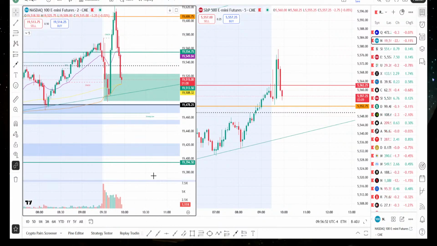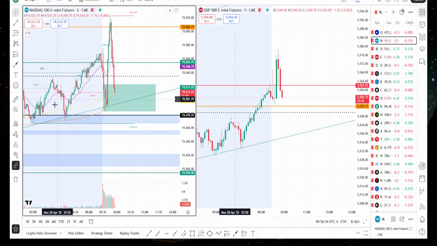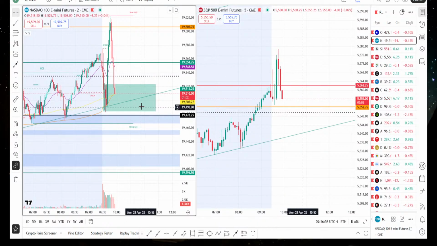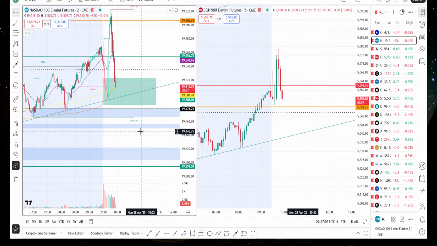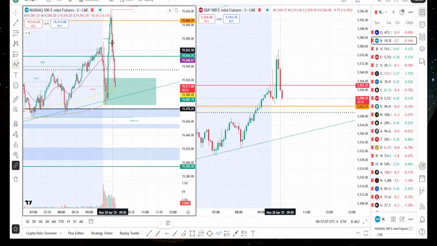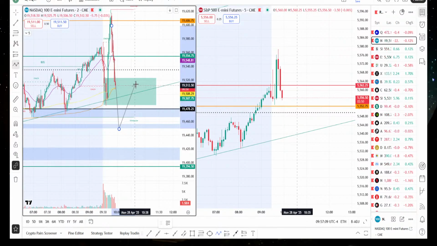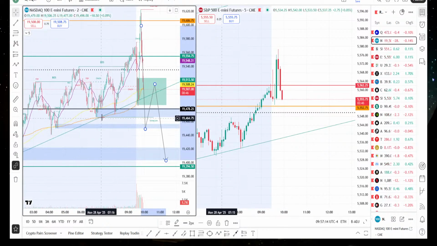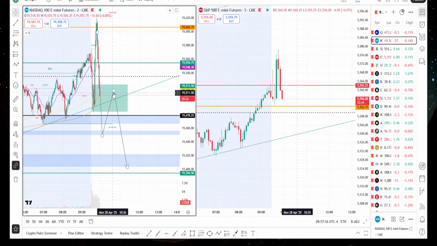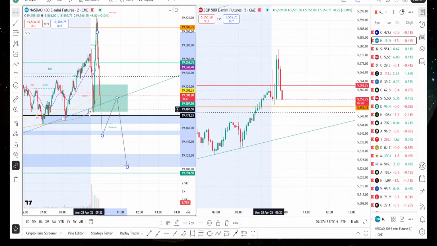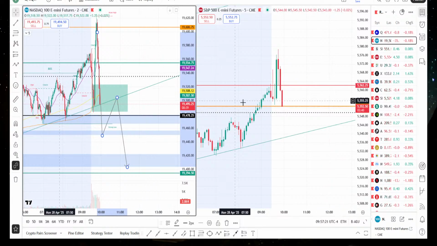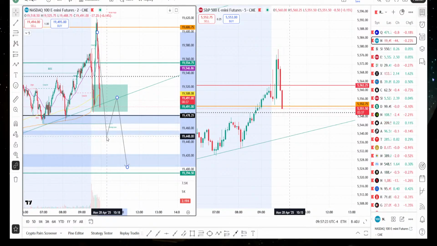I would like for us to get underneath this support area right here, the previous level support. This price is really strong here. We should see a strong push past that point, and then a pullback, and that's when I would look to sell. You can see we have a trend line coming up here, and when green lines get broken, they turn into red lines. So that's how I would sell it.